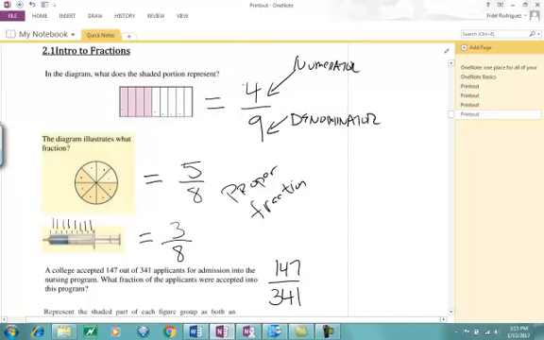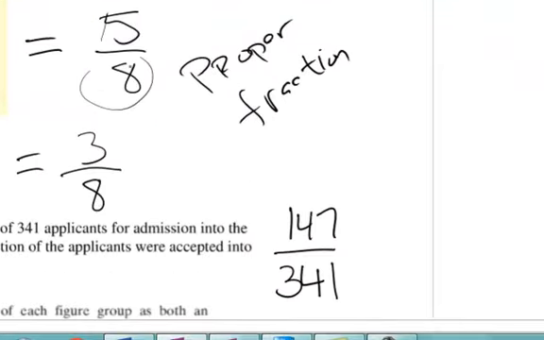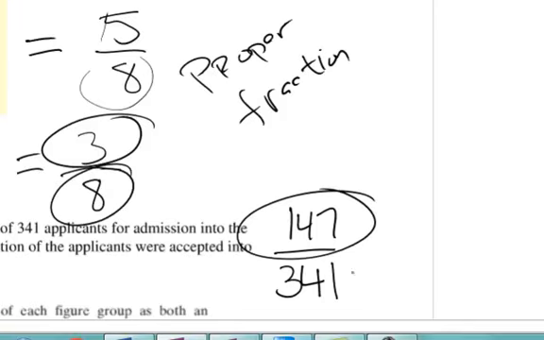So every one of these fractions is a proper fraction because the number on top is smaller than the number on the bottom.